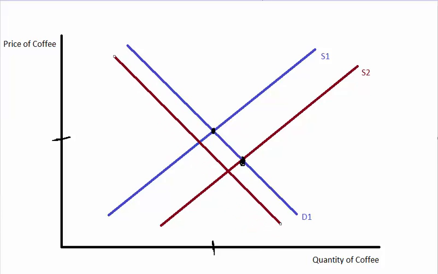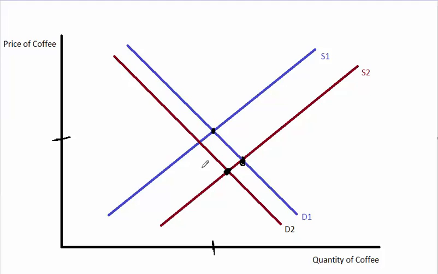So our new equilibrium point, where these two intersect, let me label that for you. So here's our D2. Our equilibrium point is going to be where S2 and D2 intersect. It's going to be right here.